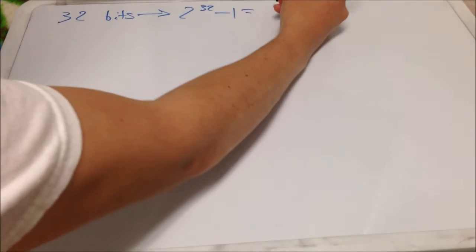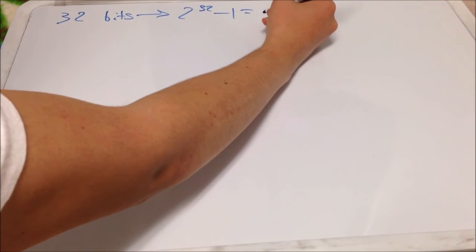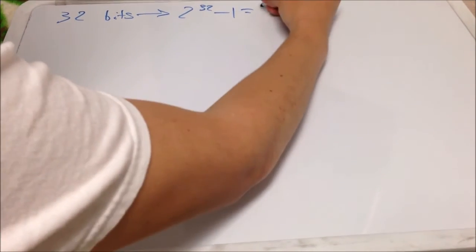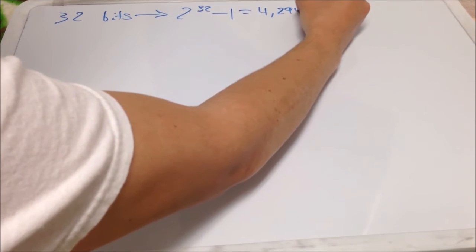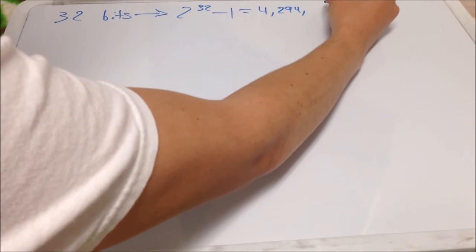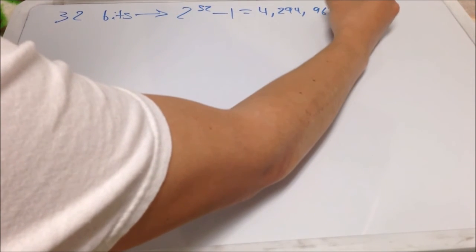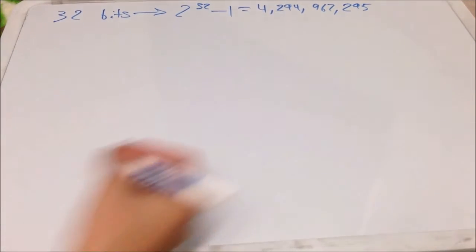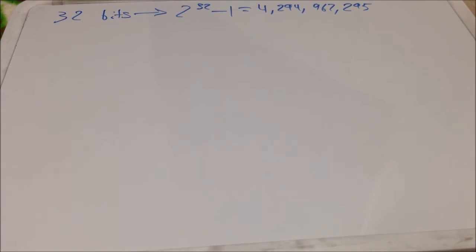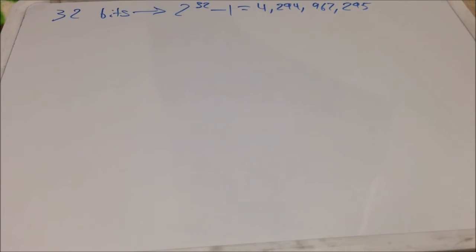And the highest number we can represent would be 4,294,967,295. And that seems about reasonable for our calculator. I doubt we're going to need anything higher than that, so I think 32 bits would be a very reasonable number to stop at.